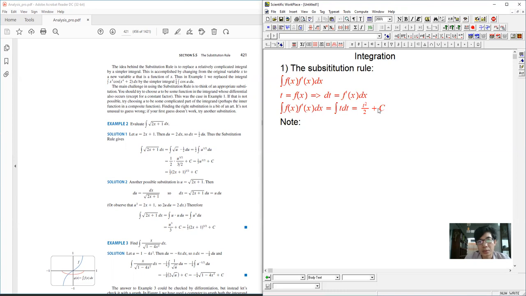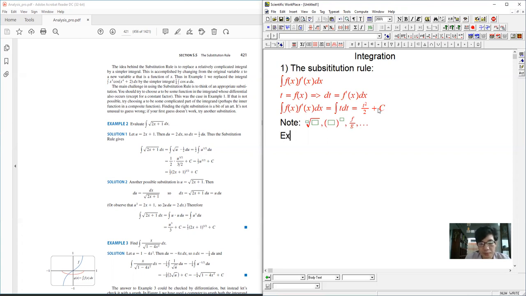We usually use this method when we see a radical, a square root or cube root, when we see a power or a fraction like this, f(s) over g(s), or any function whose derivative is another function, and so on.